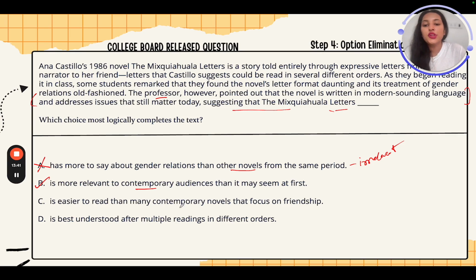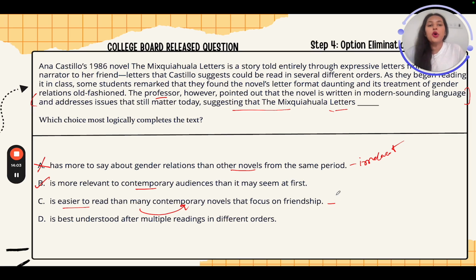Let's look at C now. Is easier to read than many contemporary novels that focus on friendship. Now this is again a comparison between two different categories of novels. So it's not about whether these letters are easy to read compared to other contemporary novels or not. This comparison is not given to me in the text. They don't care about the comparison anywhere in the text.